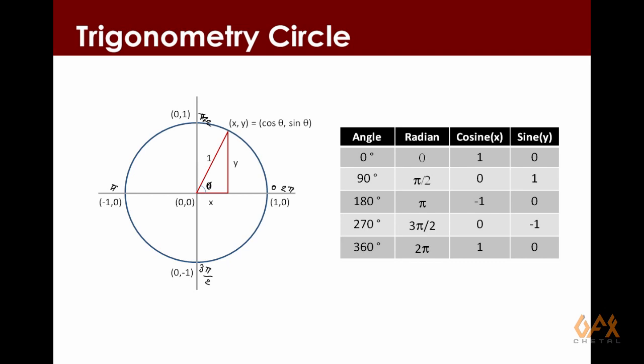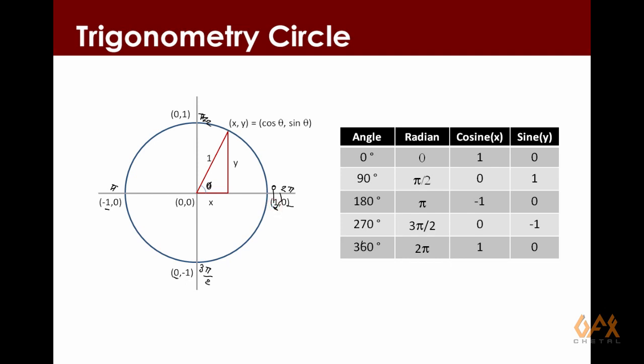For example, for angles in degrees 0, 90, 180, 270: cos, that is your x, is 1 at 0 degree, 0 at 90 degree, minus 1 at 180, 0, and again 1.